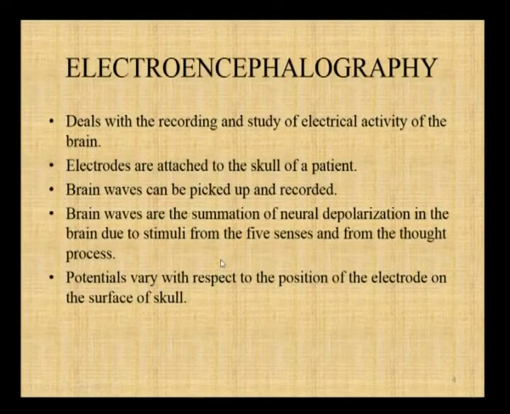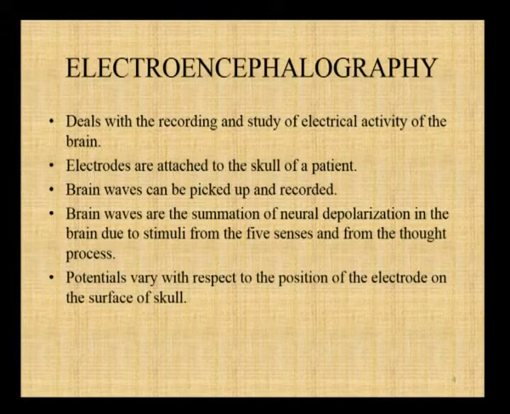The brain wave is a summation of the neural depolarization in the brain due to the stimulus. We give some external stimuli to the patient, and we see what changes happen in the brain activity, and we record those waveforms.